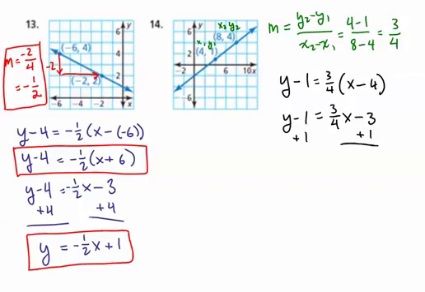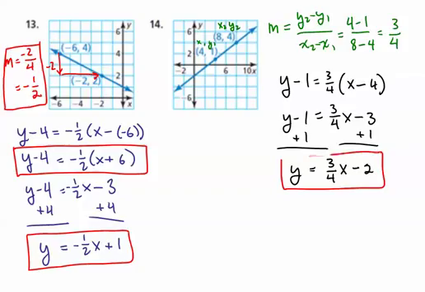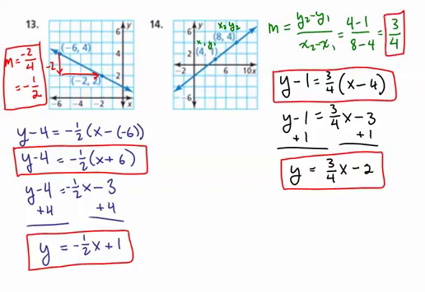Add 1 on both sides, and we end up with y is equal to 3/4 x minus 2. Again, we have our slope-intercept form, our point-slope form, and our slope above that. So that's going to do it for this video and for this series of homework problems.